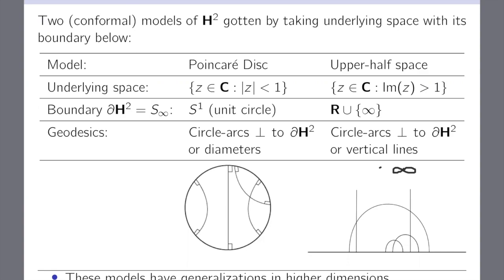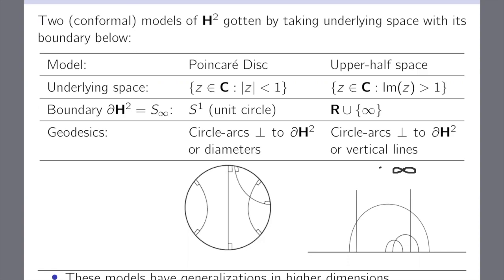The upper half space has as its boundary the real line union a point at infinity. And you can see in the model below, that's literally a point at infinity. So that is a point on the boundary of the upper half space: a real number line and a point at infinity. That's the boundary. When I take that together with the underlying space, the complex numbers with positive imaginary part, I have a model for the upper half space.